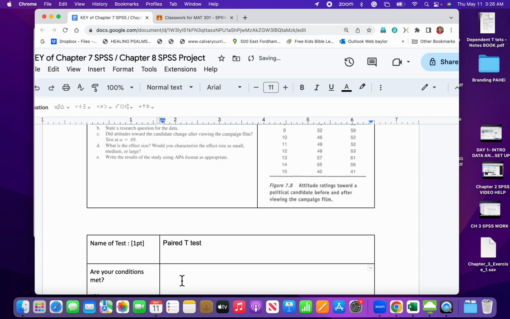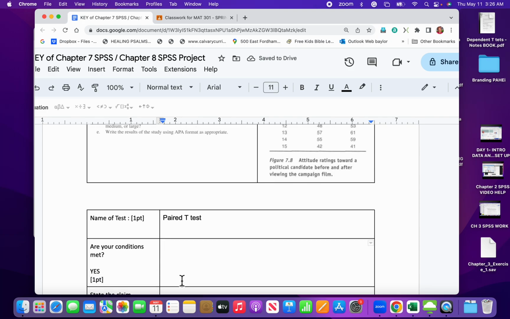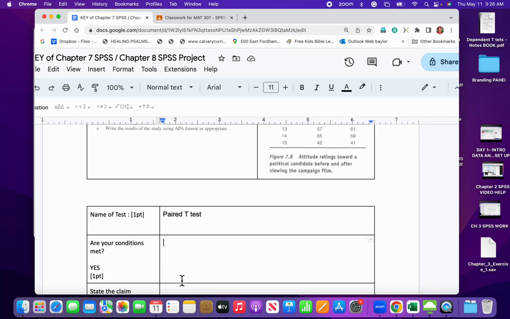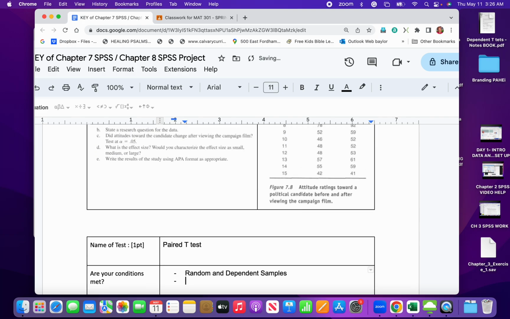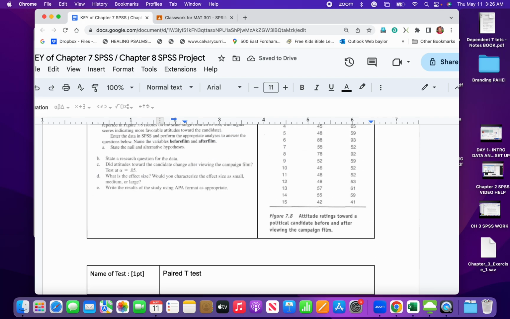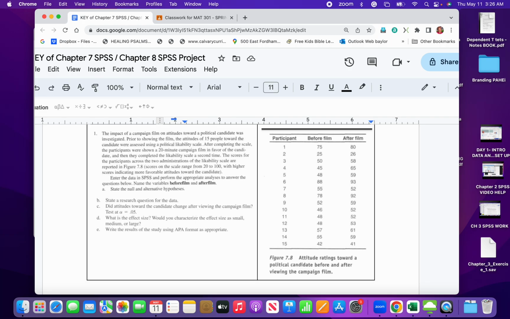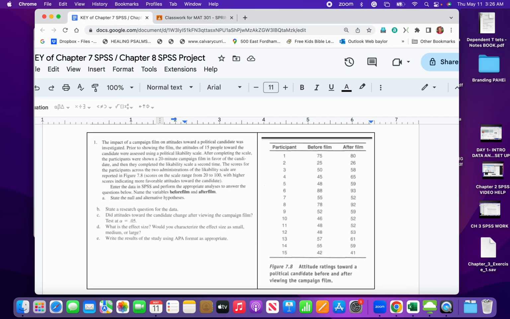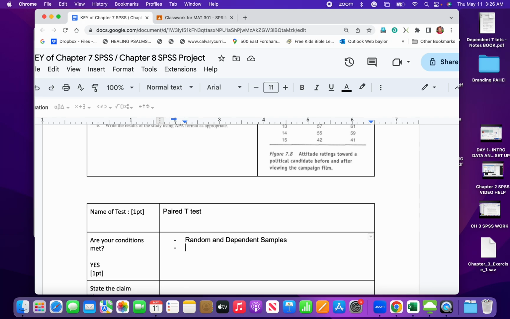The conditions for a paired t-test are very similar to the one sample t-test. The only difference is that you have random and dependent samples. This is number one. Another thing that we have is an unknown population standard deviation.